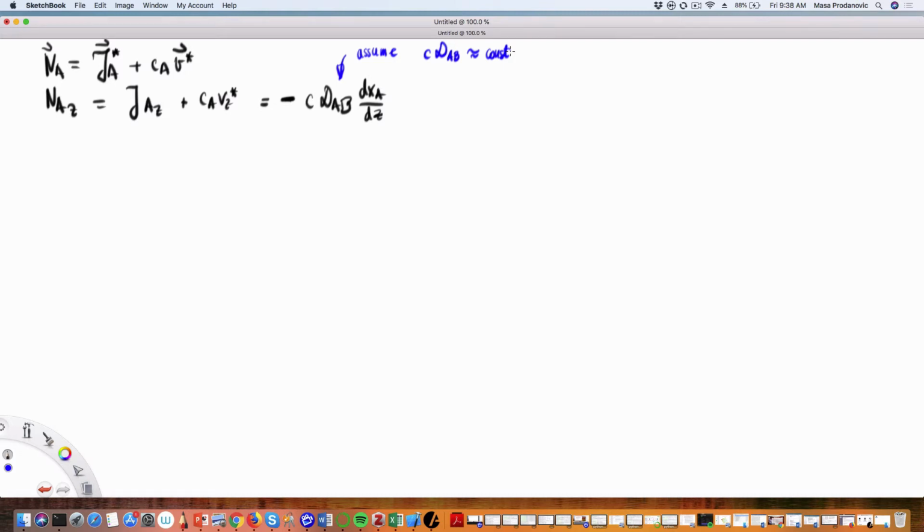So if I take any derivatives of it, just keep that in mind later, it can just easily come out of the derivative. And then let's just write down what VZ star is. VZ star is XA VAZ plus XB VBZ.